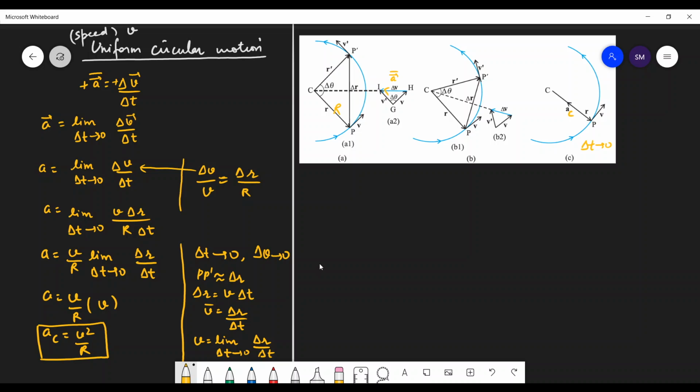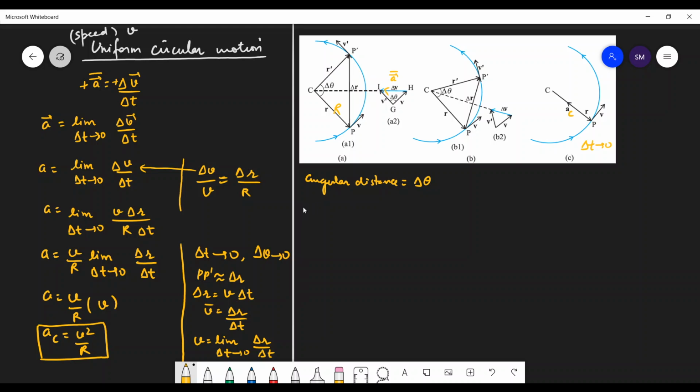Now, I want to introduce one more term, which is delta theta. What is delta theta? Delta theta here is the angular distance. So angular distance is equal to delta theta.